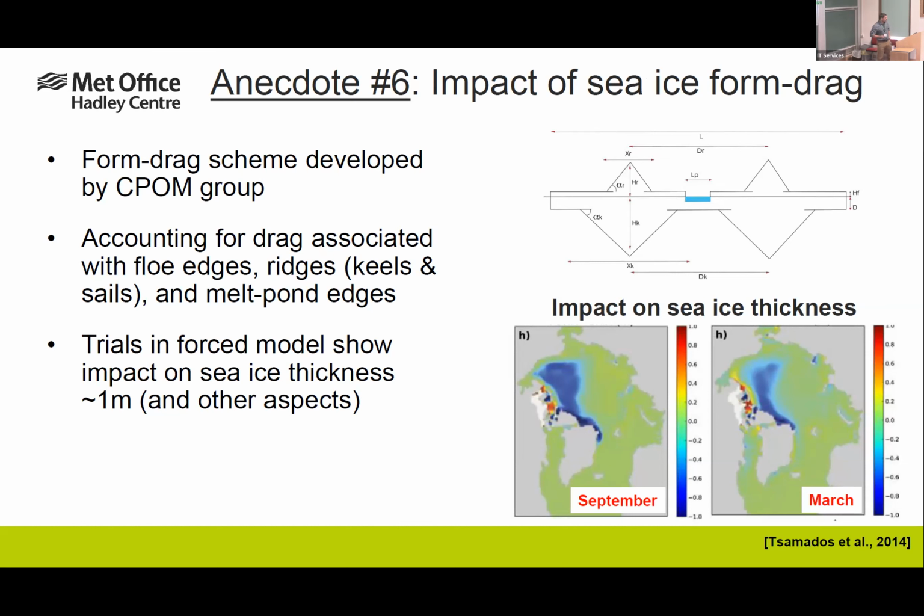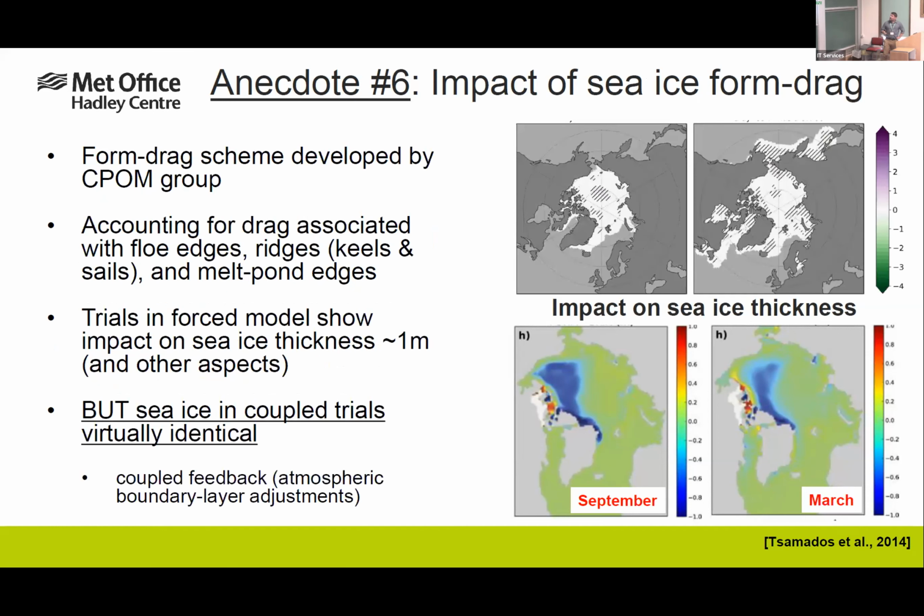So we run this in the climate model, and we get this difference on sea ice thickness, which is, well, it's near zero, but it is statistically different in a few locations where these hatchings are, but we don't see that difference. And why is that?